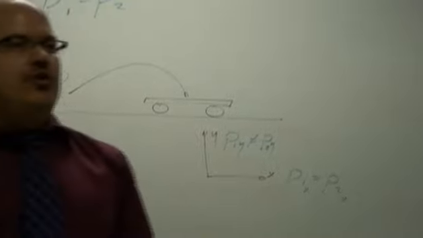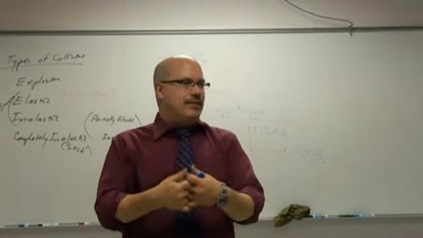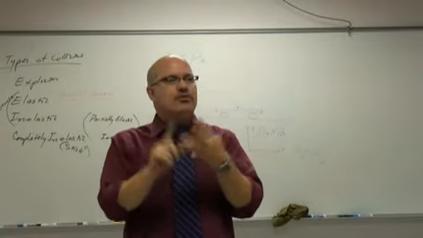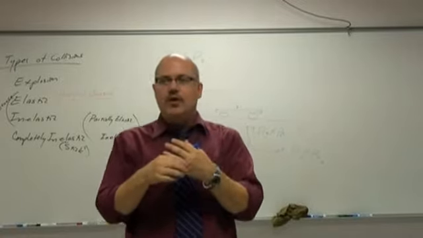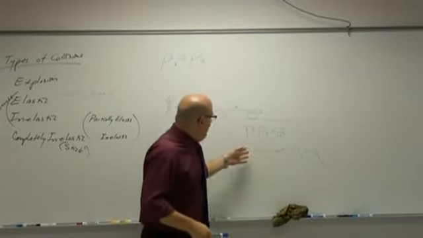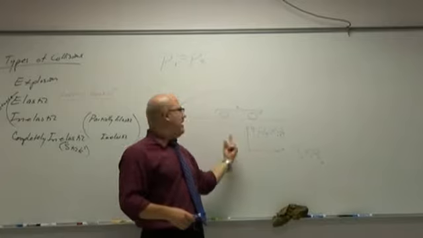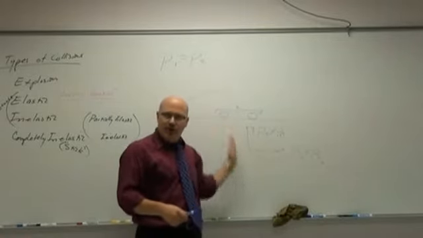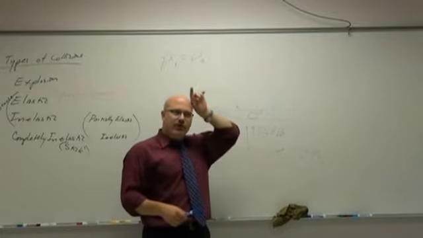Conservation of momentum works really great when you have multiple objects interacting, you can keep track of all the objects, and the objects are free to move, which means there's no net external force on the objects. The object is free to move in the x direction, but not in the y direction. There's a net force on it from the ground that keeps it from moving in the y direction. So momentum is only conserved in the x direction.